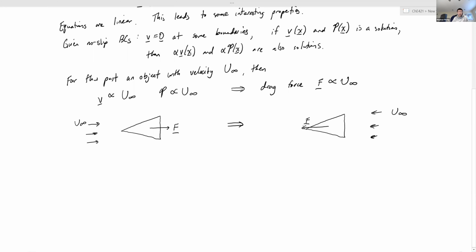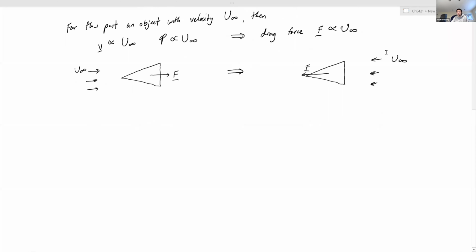And so perhaps you can see that this scenario that I've drawn here is exactly identical to this scenario.